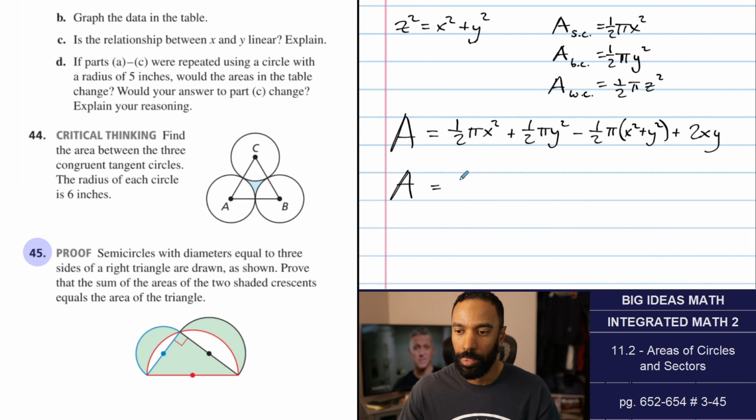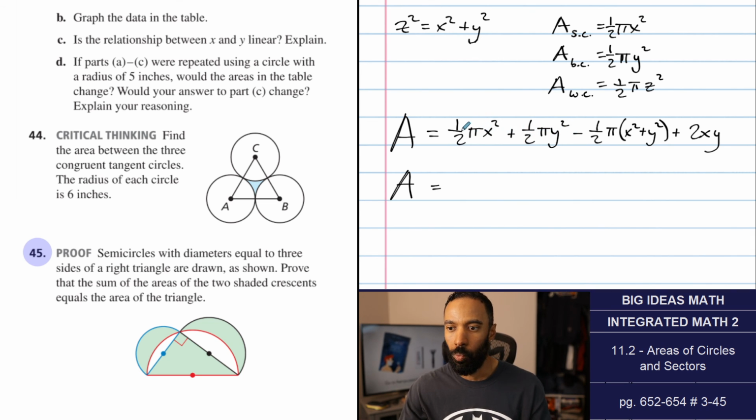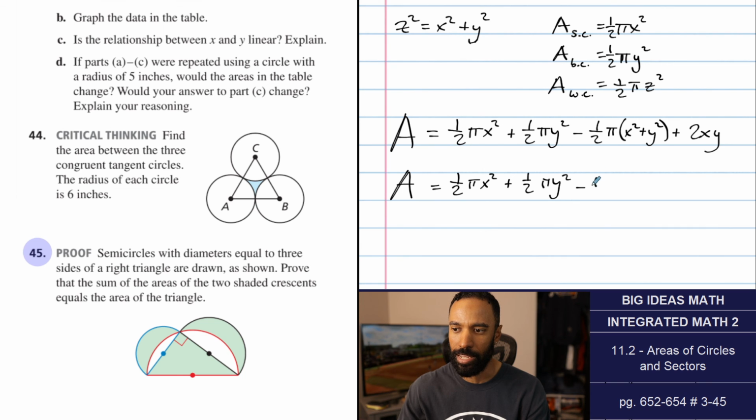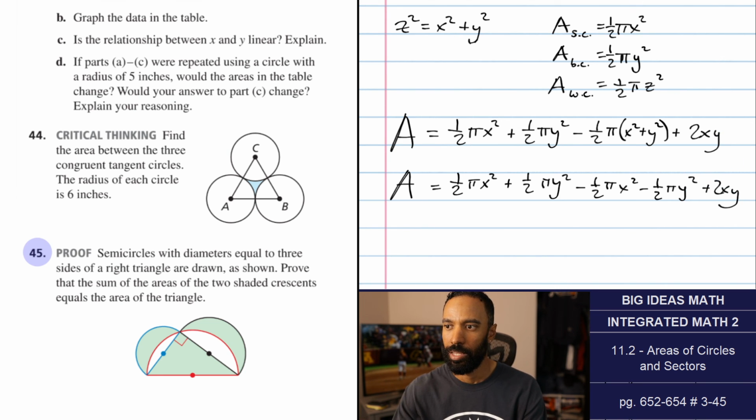I can factor out 1/2 pi from several terms here. Let me actually first distribute this part so we can make sense of that. 1/2 pi x squared plus 1/2 pi y squared minus 1/2 pi x squared minus, this distributes, 1/2 pi y squared, plus 2xy.